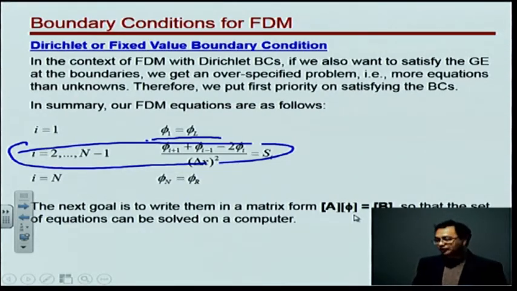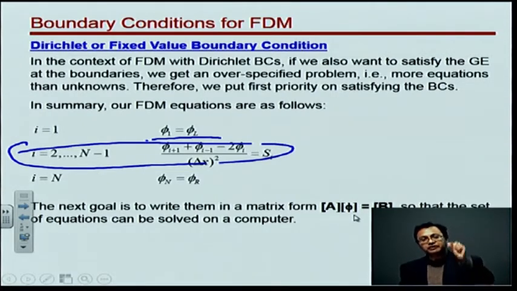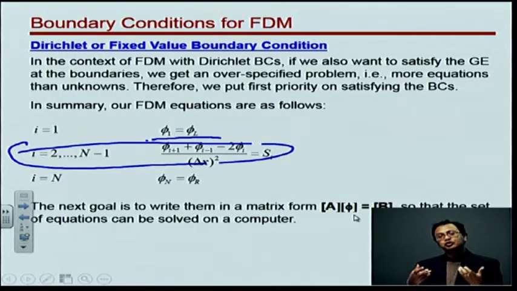You would set up a system of n minus 2 equations. Your first unknown is really the solution at the second node, your second unknown will be the solution at the third node, and so on. You have to be aware of that and then copy the data back into the actual array before you plot it and so forth. That's the only caveat there.